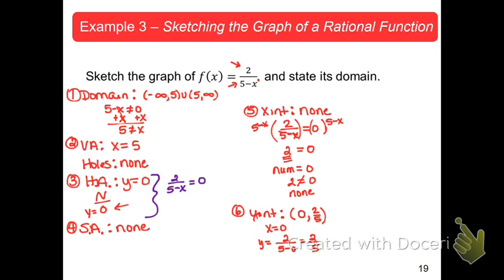So when I set that equal to 0 and I solve, we come out just like that x-intercept, don't we? So if you multiply by that 5 minus x, you end up with 2 equals 0. Because this is not true, that means it does not cross the horizontal asymptote. I forgot to do that piece.